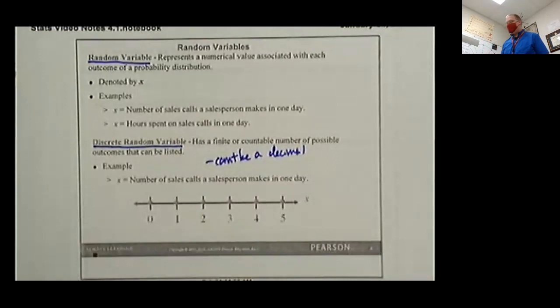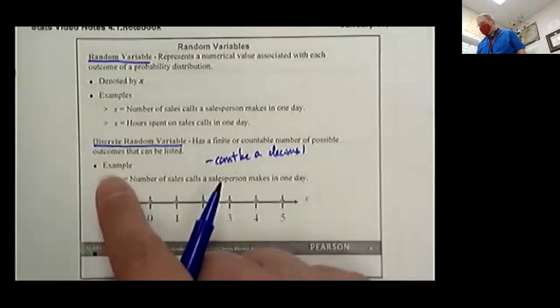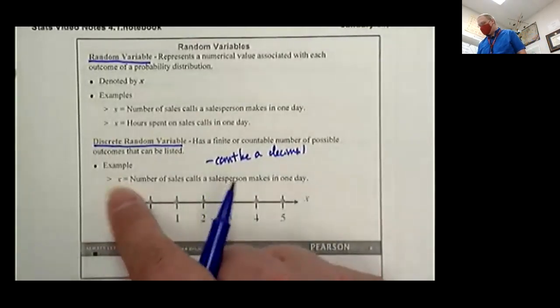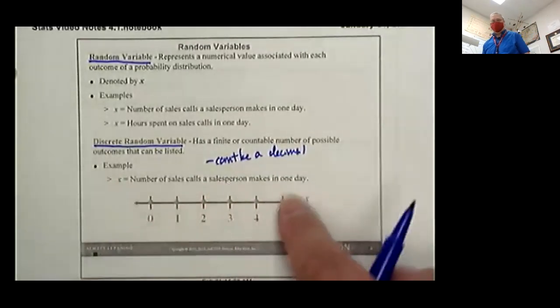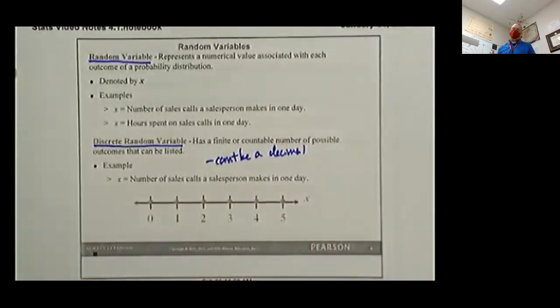Discrete means it's got to be integers. So for example, x equals the number of sales calls a salesperson makes in one day. A person can make 0 phone calls, 1, 2, 3. What the person cannot do is make 2.5 phone calls. You can't make a half phone call. That doesn't count. Either you make a phone call or you don't. Therefore, that variable would be discrete. The variable being the number of phone calls has to be an integer, it can't be a decimal.